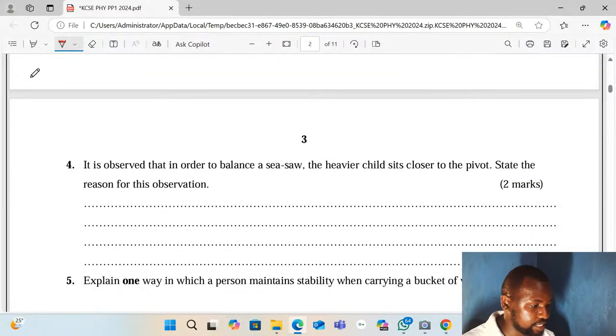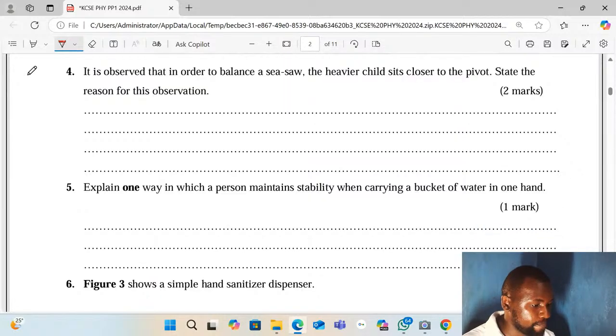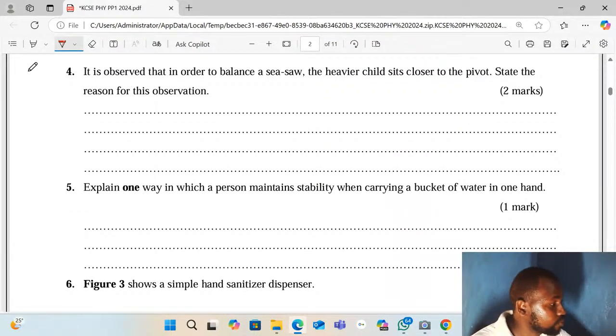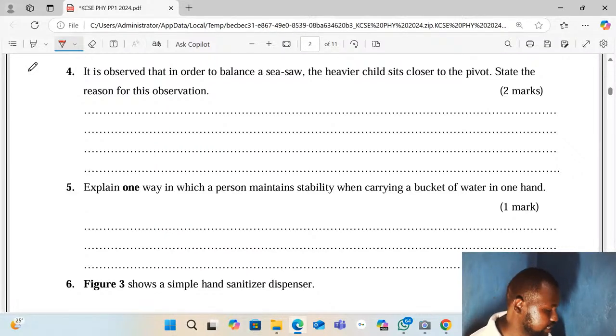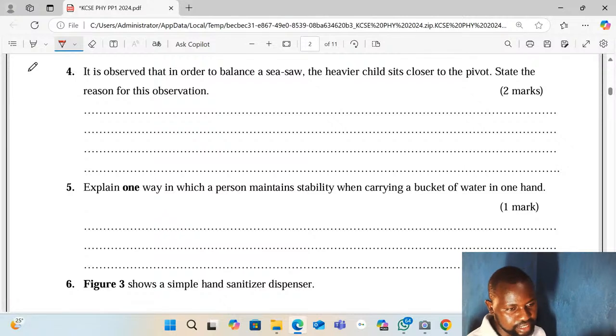We have question 4. It is observed that in order to balance the seesaw, the heavier child sits closer to the pivot.